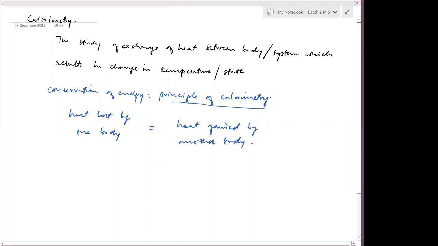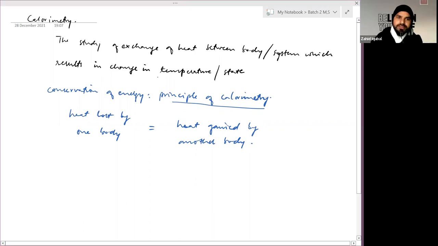Okay. Now, on the basis of this particular interaction, which results in change in their temperature or change in their state, we may define different terms. First, heat which causes a change in temperature.